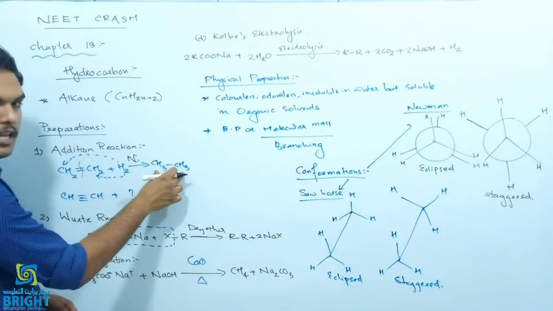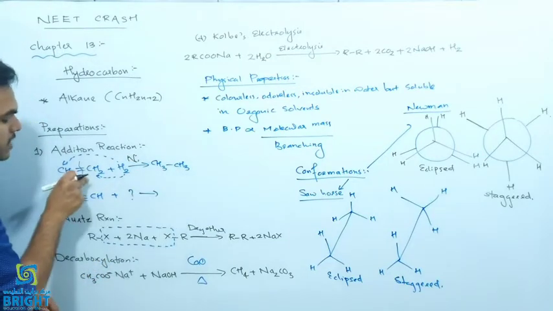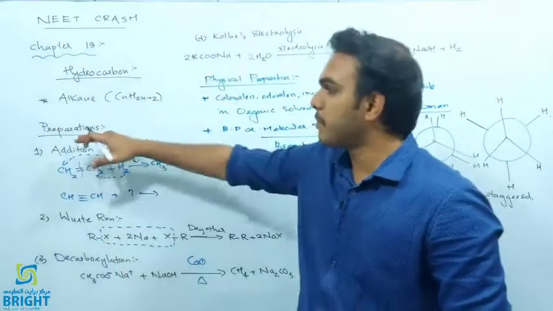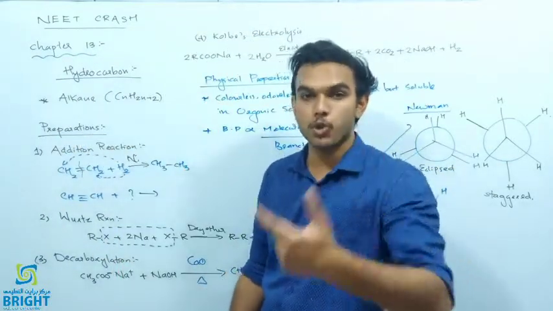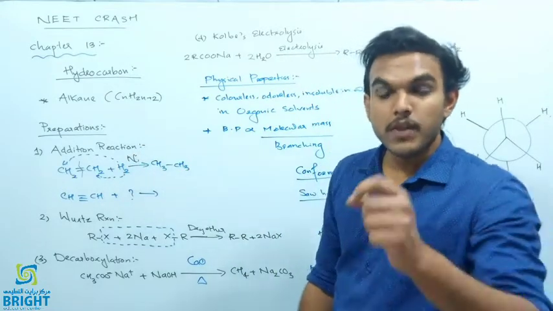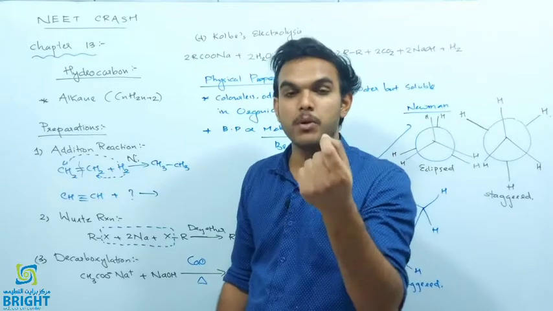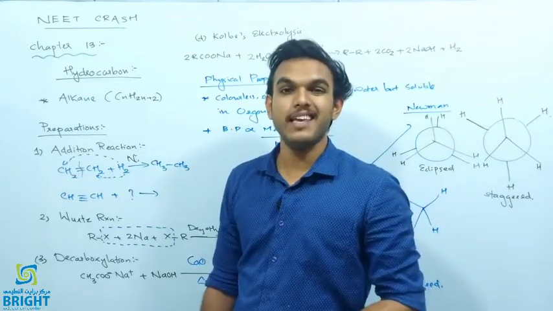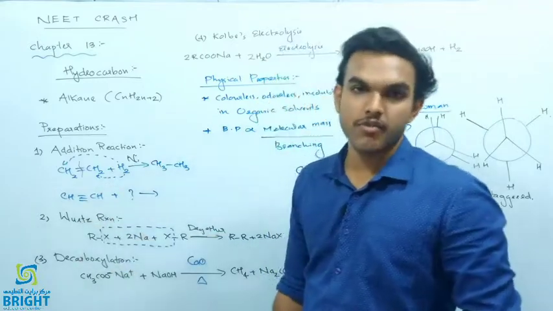It will become a saturated hydrocarbon. So an unsaturated hydrocarbon is converted into a saturated hydrocarbon in this addition reaction, that is the hydrogenation reaction, in the presence of nickel. Another direct example is the preparation of vanaspati ghee, which is an example of a hydrogenation reaction.